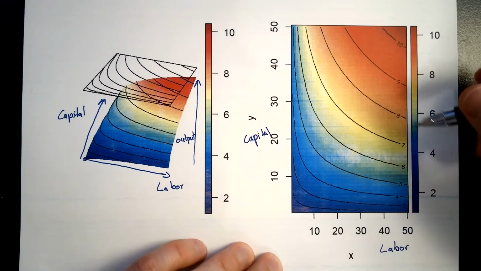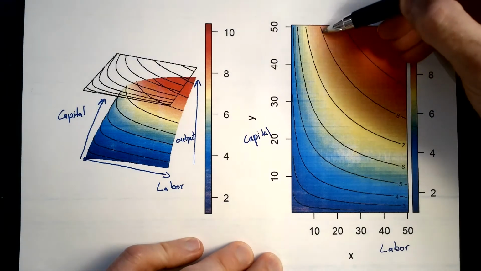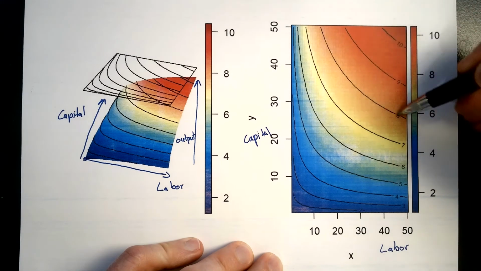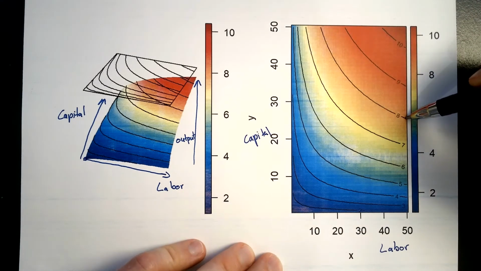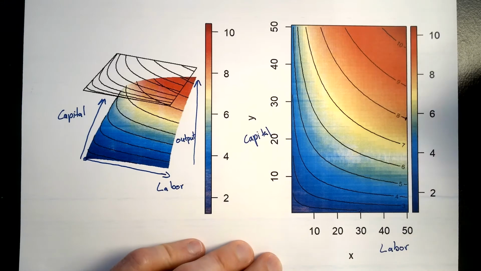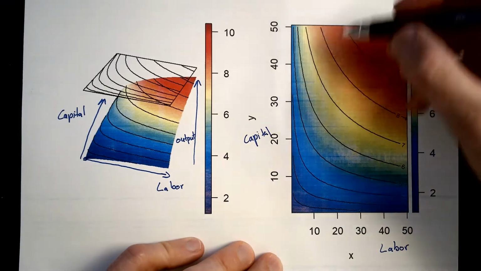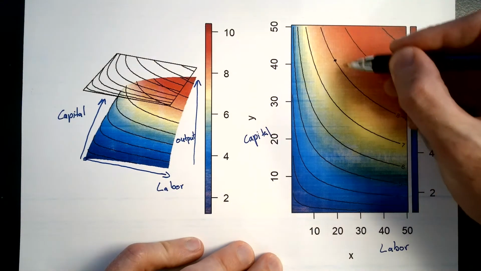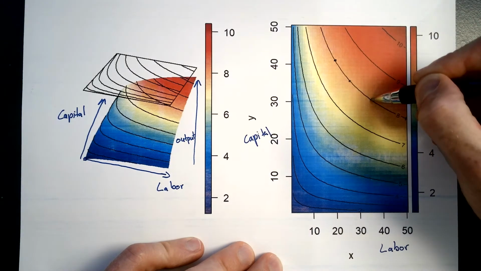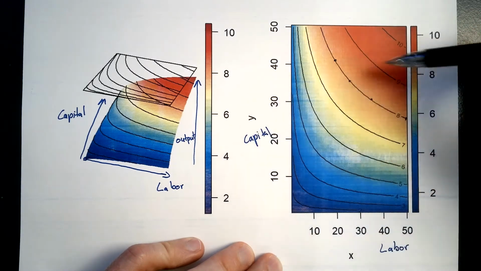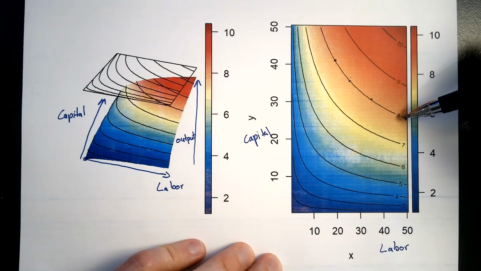For example, if you take the contour line right here, this would produce an output of 8 units of whatever you are producing. Here you have all the combinations of labor and capital that would produce 8 units.